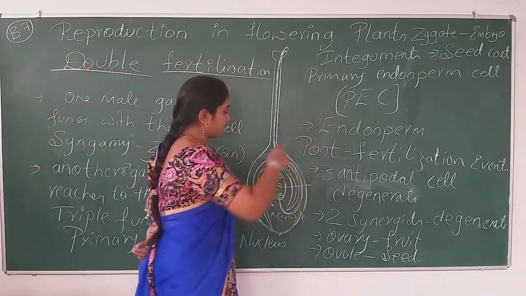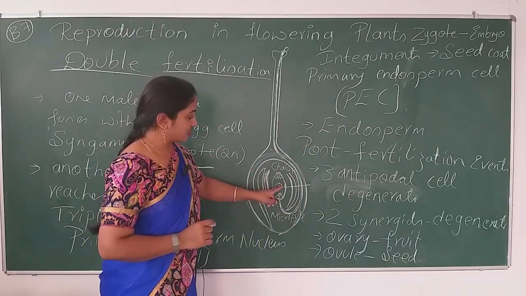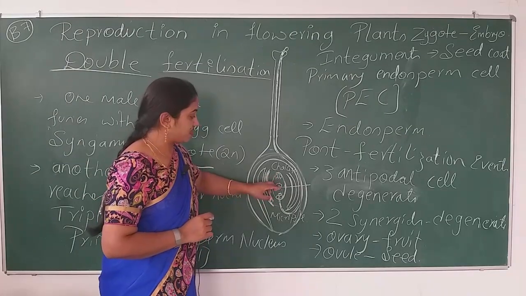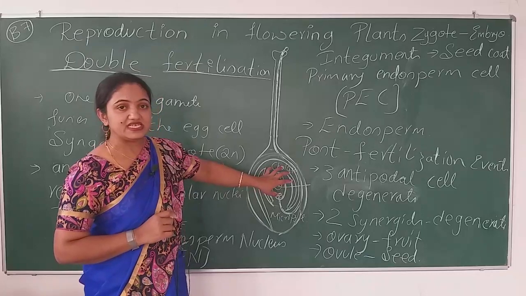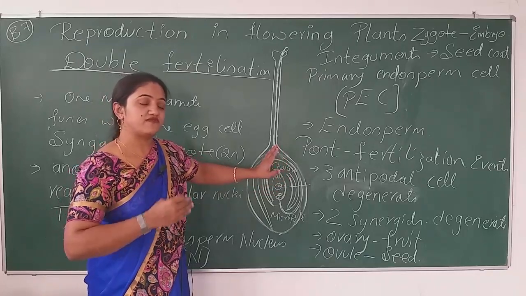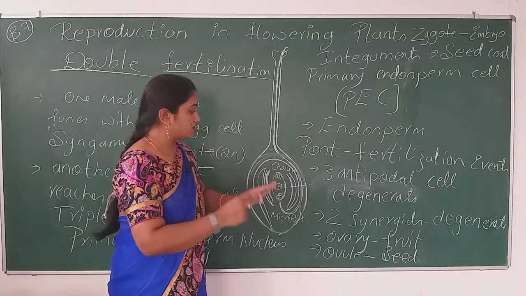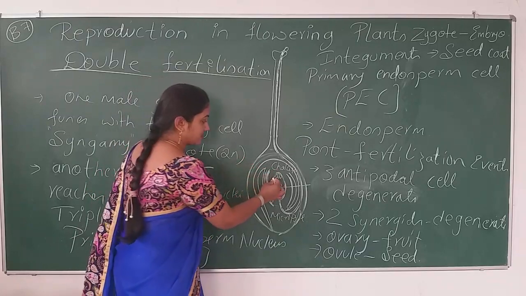And after that, one more thing I have to tell here. So this is the PEN, and the cell which consists of PEN is the PEC, which forms primary endosperm tissue, a mass of tissue.